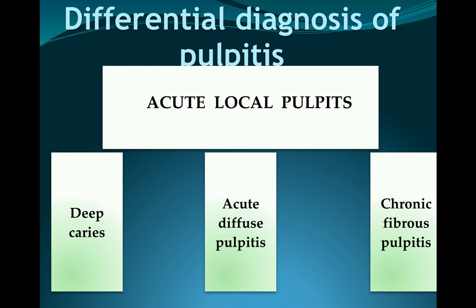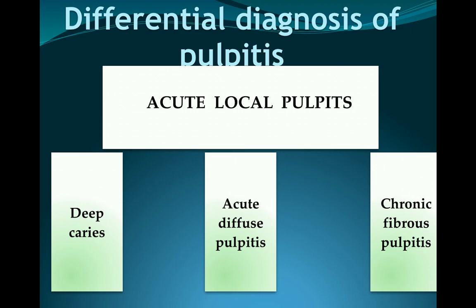But when acute local pulpitis, there is pain at night. When chronic fibrous pulpitis, pain at night is absent. That's why we may differentiate chronic fibrous pulpitis from acute local pulpitis.